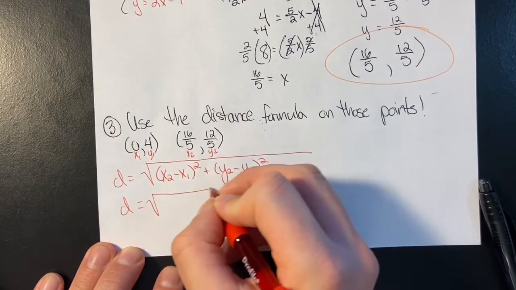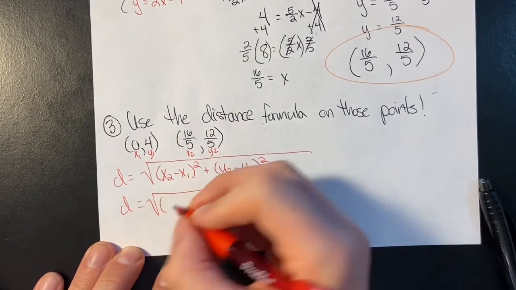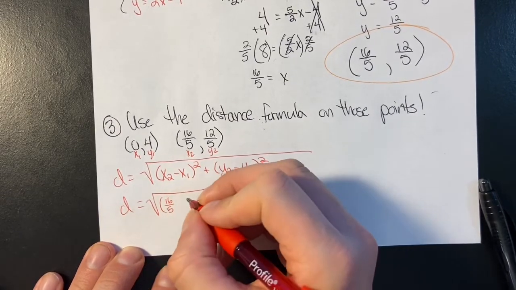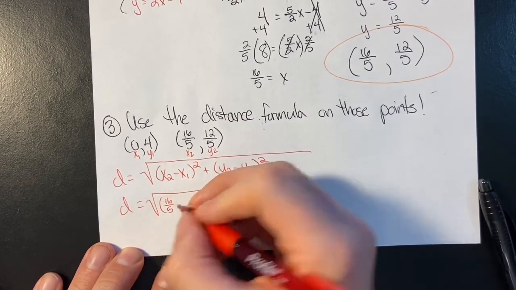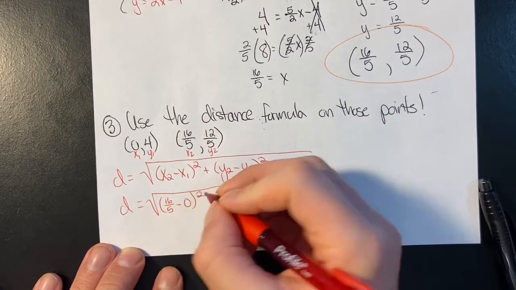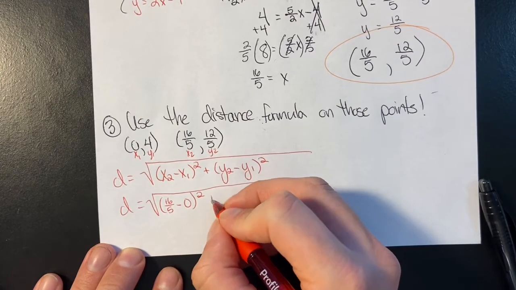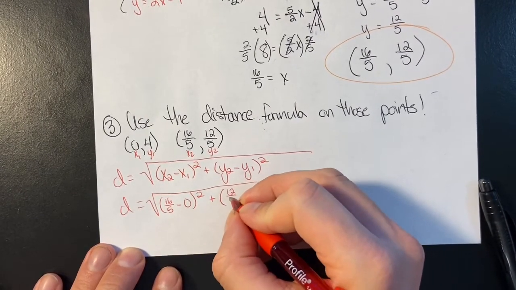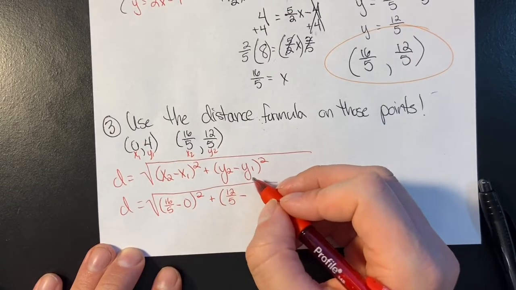D equals the big square root of x sub 2 is 16/5 minus x sub 1 is 0. That's easy. Squared. Plus y sub 2, which is 12/5, minus y sub 1, which is 4.